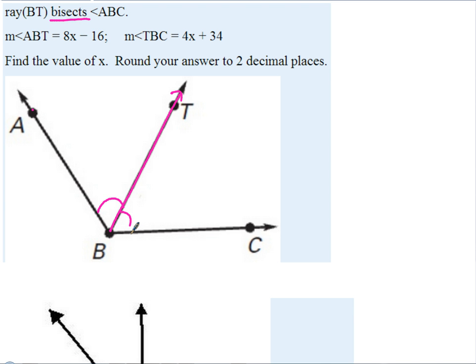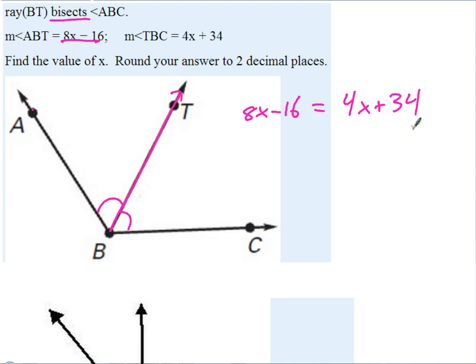So then what is the equation I set up here? There you go. Okay, so we'll just set the measure of angle ABT, which is 8x minus 16, equal to the measure of angle TBC, which is 4x plus 34.